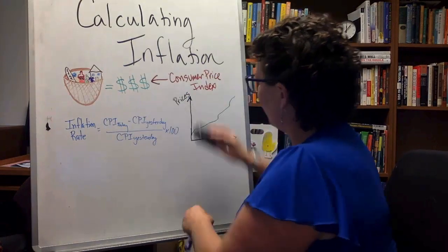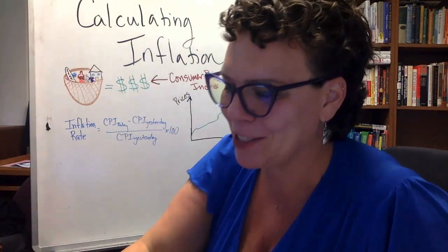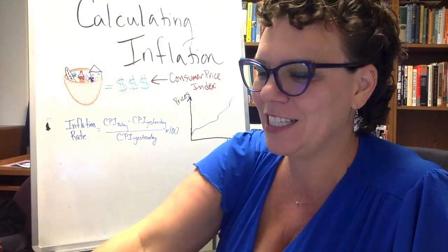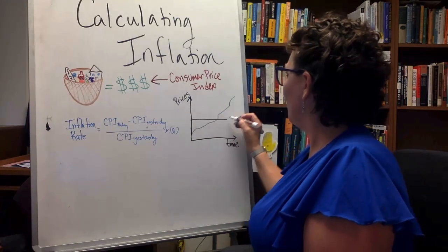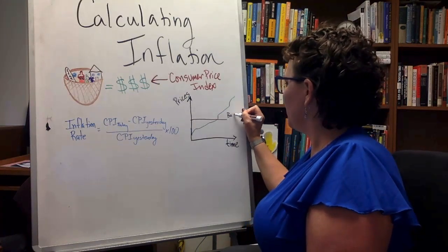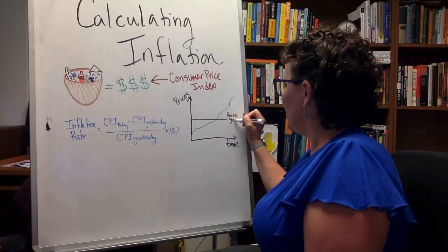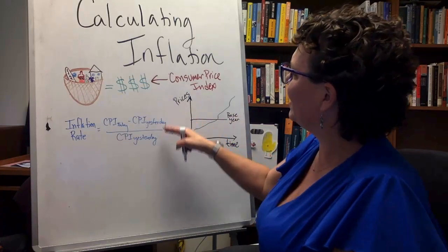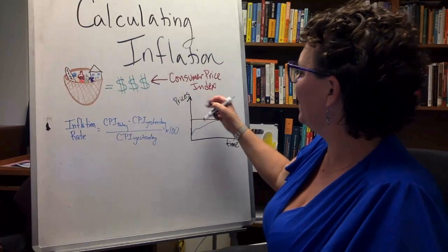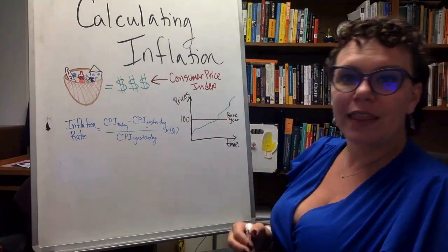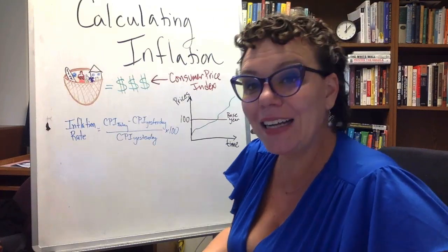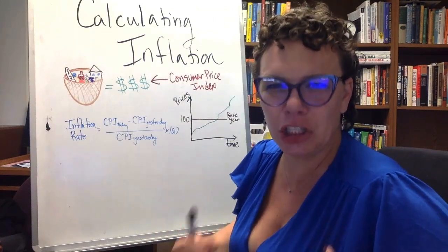And that's the other important thing when we look at the CPI: we want to select a base year or a base period. And that's where the idea of the consumer price index being an index comes in. The base period is going to have a value of 100. That way we can measure the magnitude of change while taking the units out.